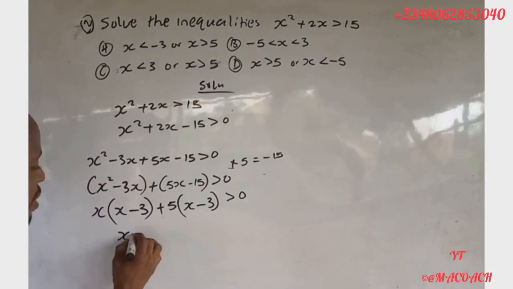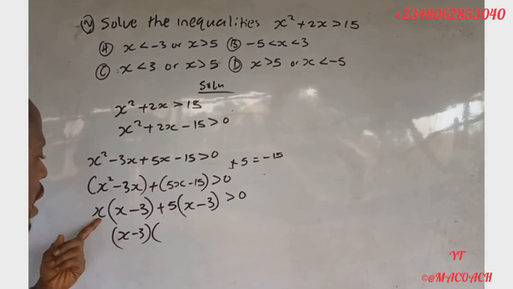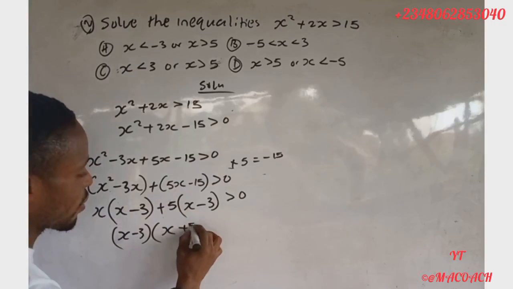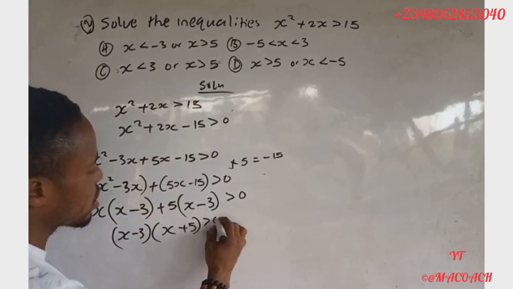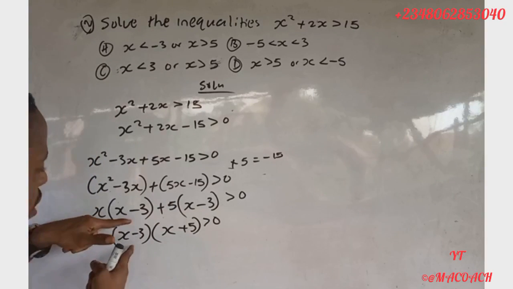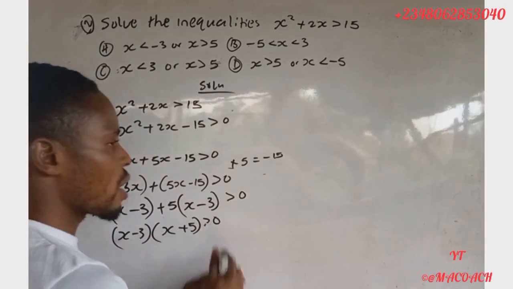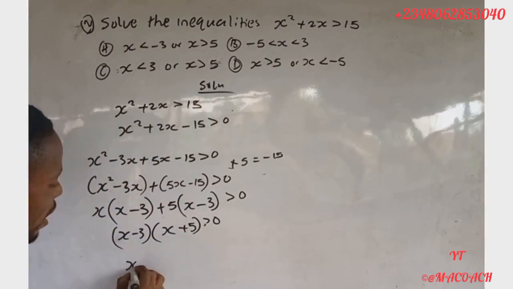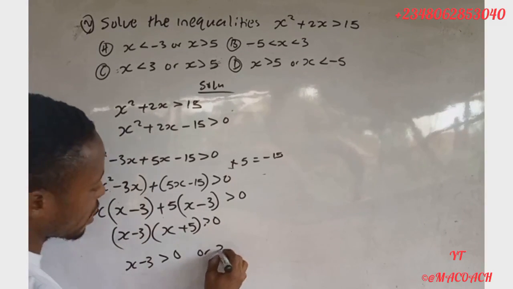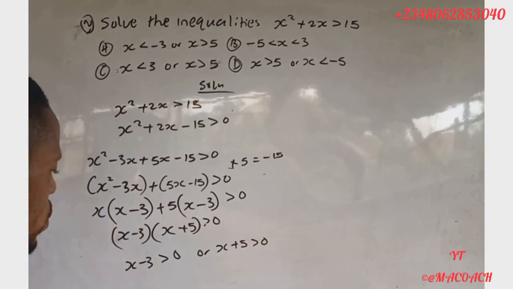So we have s minus 3 in a bracket, and in the other bracket, the outer one is s plus 5, greater than 0. So next, you equate this one to 0, and this one to 0 also. Therefore we have s minus 3 greater than 0, or s plus 5 greater than 0.